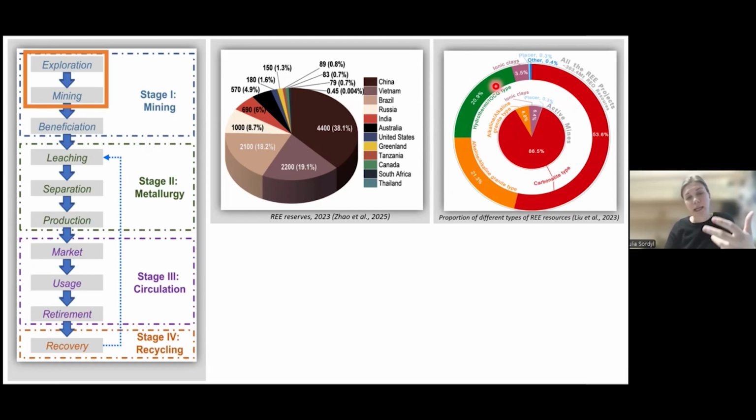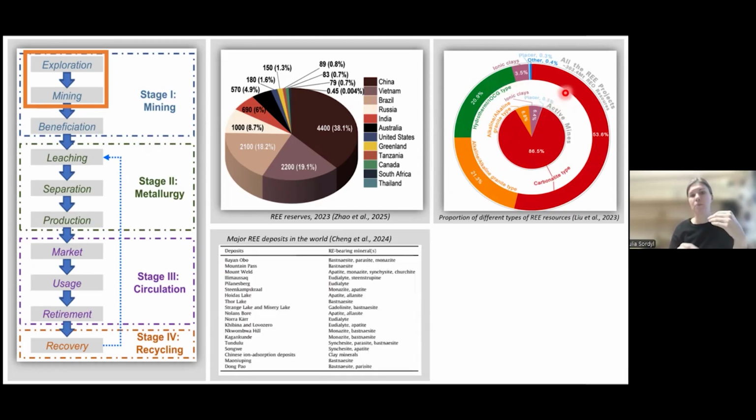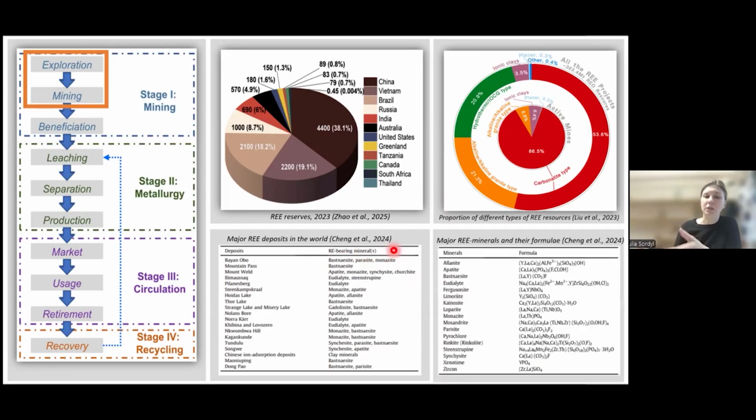What is complicated is that each type of deposit brings different mineralogy. The mineralogy of a deposit is usually quite complex. Usually it's not just a single RE mineral in the deposit, but several minerals, and all these minerals have different chemistry.